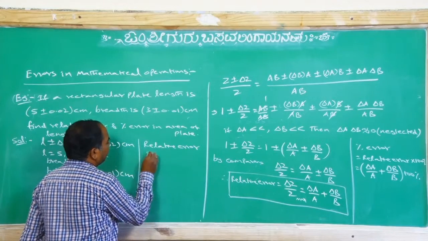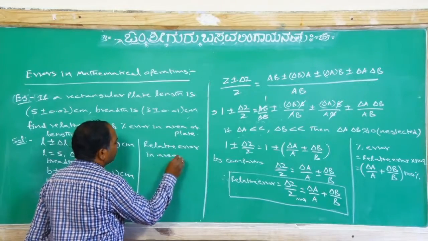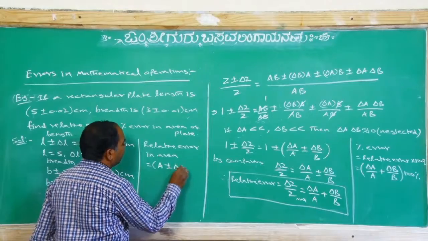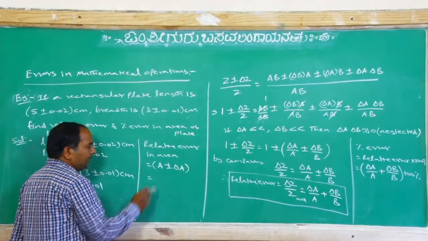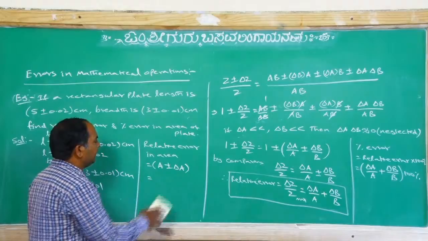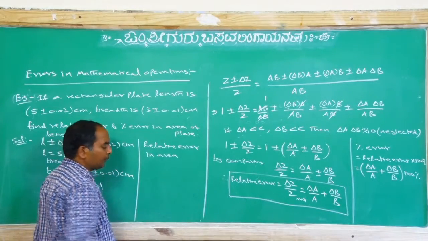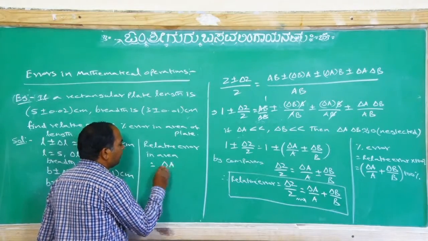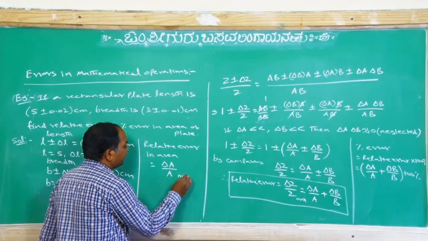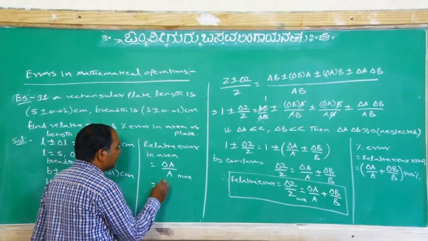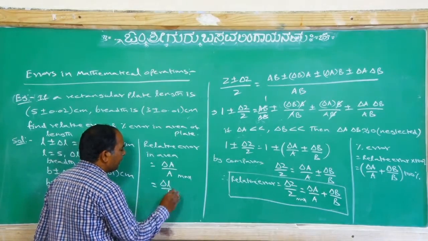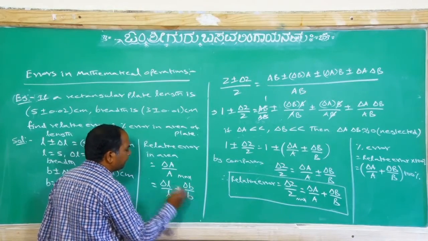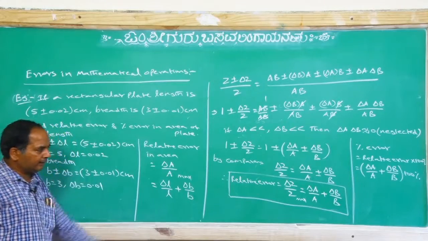Area means A plus or minus delta A. The relative error in area, delta A by A maximum, is delta L by L plus delta B by B. That's only relative error.